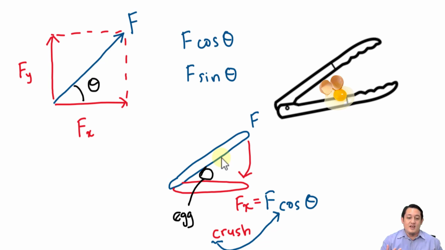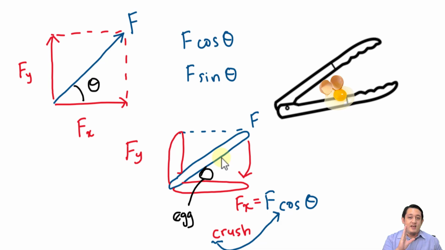That's it. So what if we want to resolve this F into the y direction? From this position, we want to move this F into Fy. What will happen to this egg?